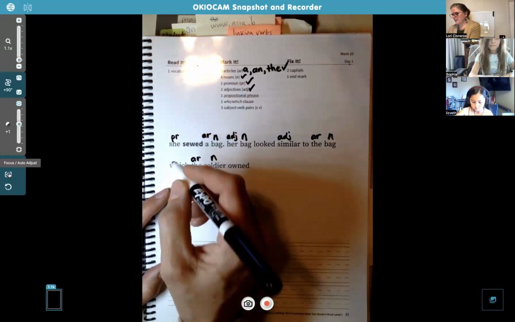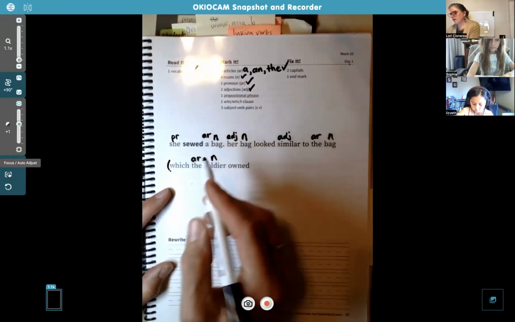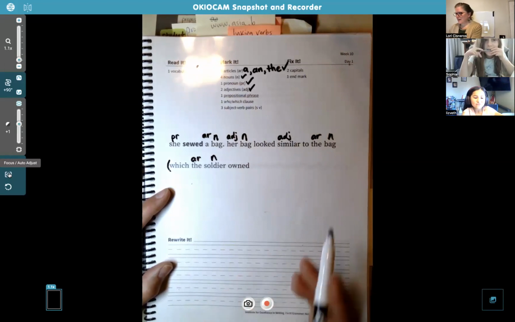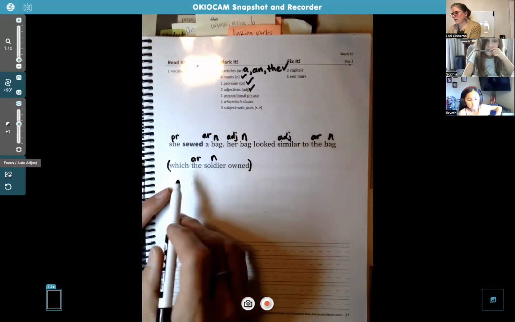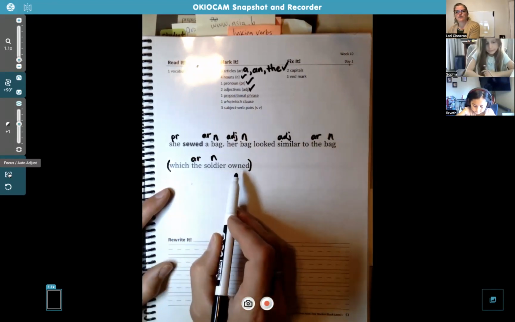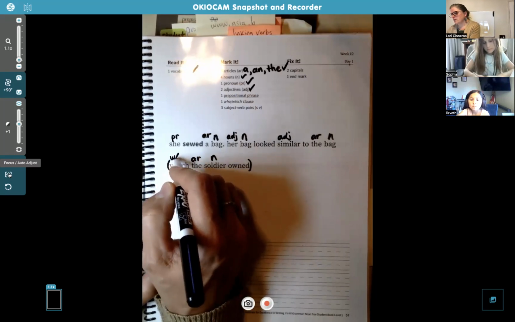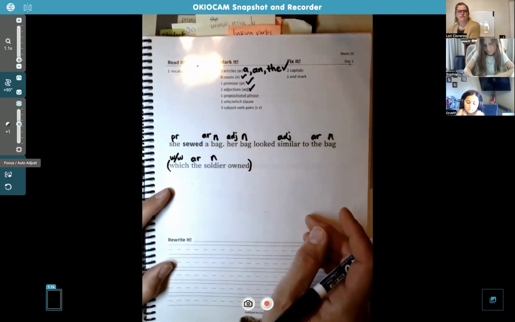Which? Yes, right here. And then where does it stop? At the end, way over here. So which the soldier owned, that's the which clause. Good job. And to label this, you're going to put W/W like that.